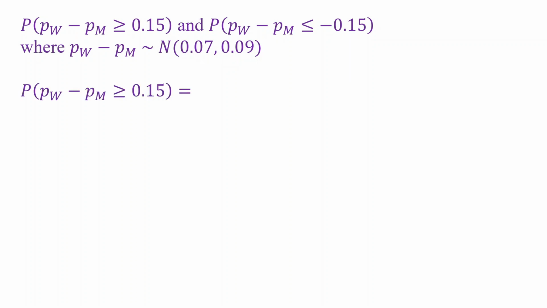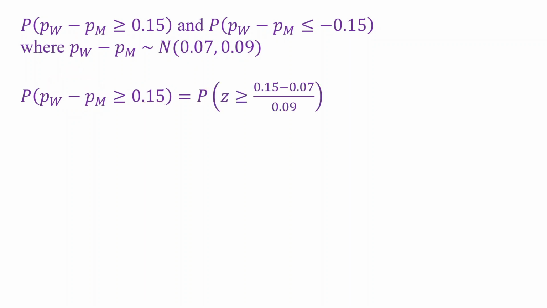Now to figure out the probabilities, I have to convert both of these into a z-score. So let me start off with this inequality first. To change this into a z-score, I take this value, I subtract the mean and divide by the standard deviation. So that's what you see in this work here. 0.15 minus the mean divided by the standard deviation, and I get my z greater than or equal to 0.889.